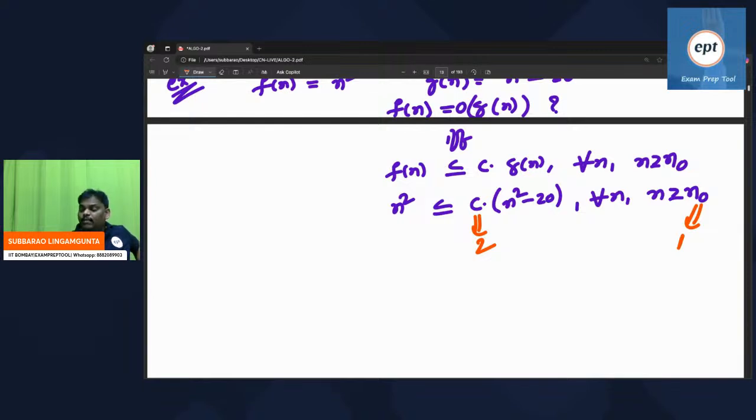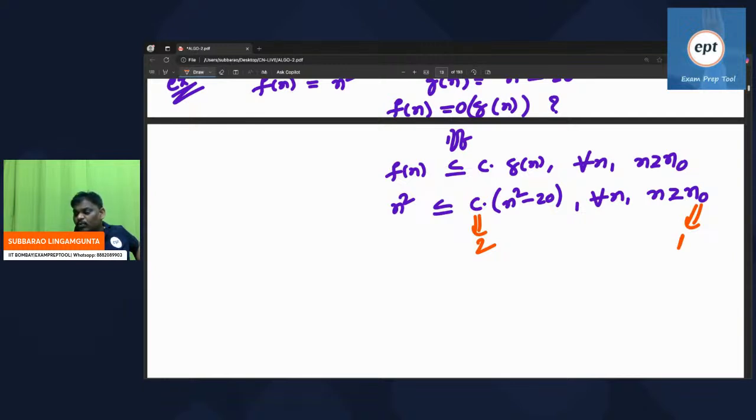But the problem is, left side is 25, right side is only 5, so the condition fails. N value 6, left 36, right 36 minus 20, which is 16. So anyhow it fails. Remember, we have to take care from which place this relation holds good. 1 fail, 2 fail, 6 also fail.